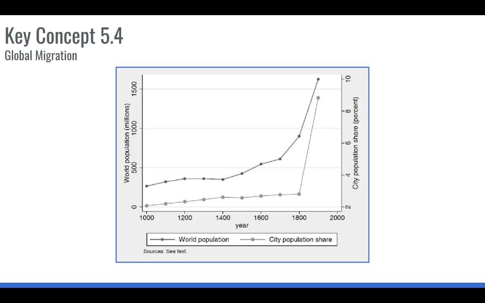Of course, at the same time, this population growth is spurring the growth of industry, and then as industry grows, it demands more workers. So kind of a positive feedback loop in that case.